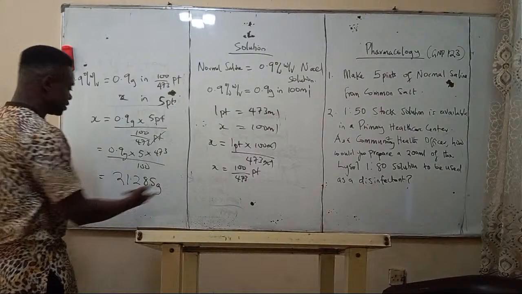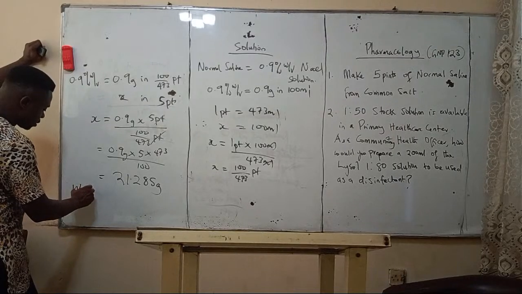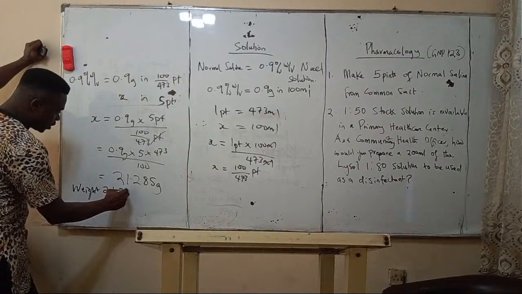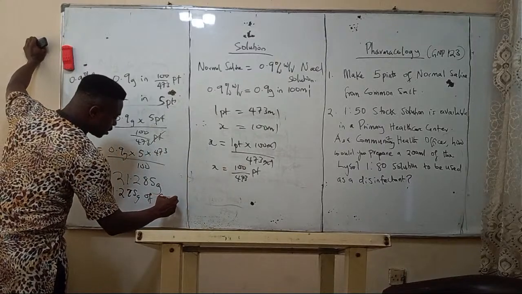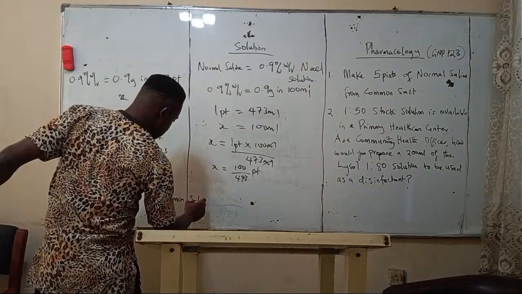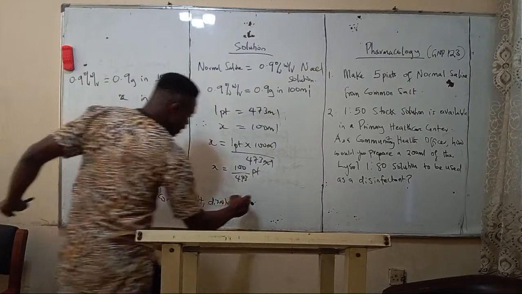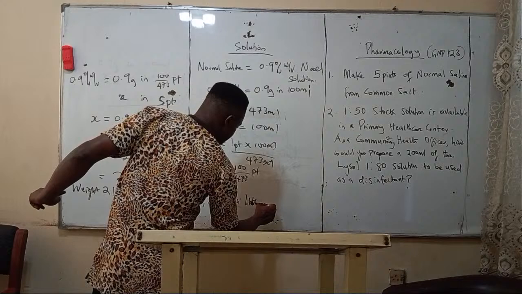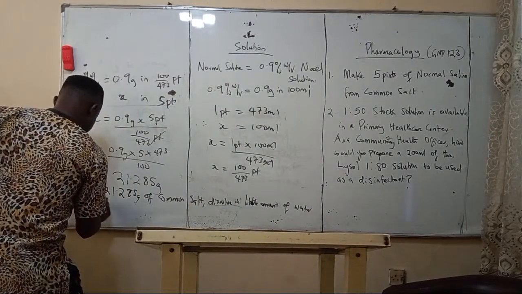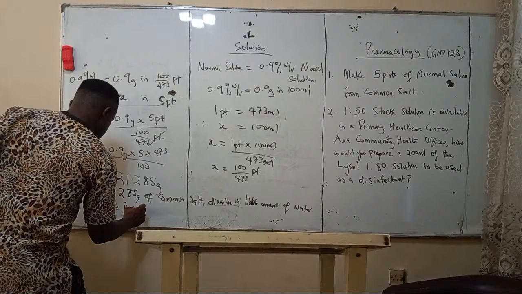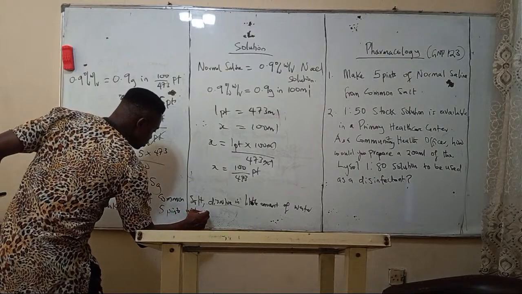So you can write the method. Simply say: weigh 21.285 gram of sodium chloride, of common salt, dissolve it in little amounts of water and make it up to 5 pints with water.